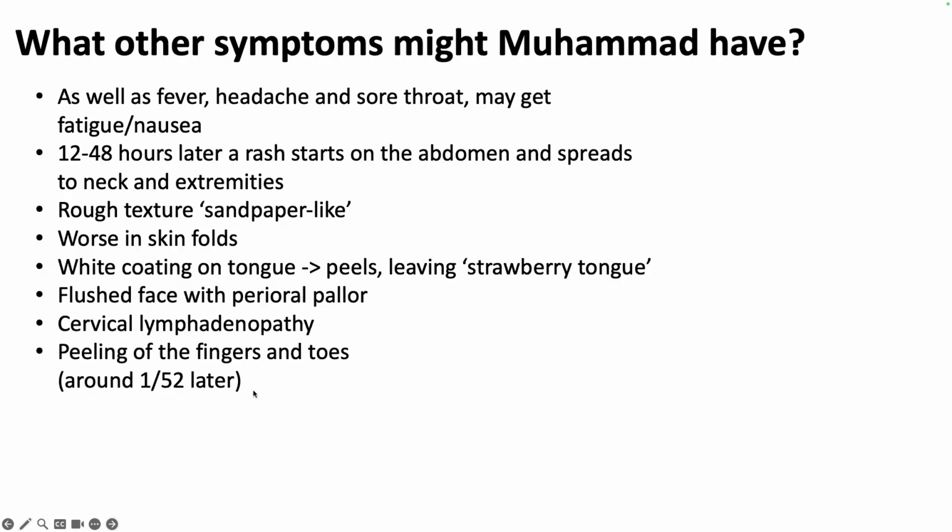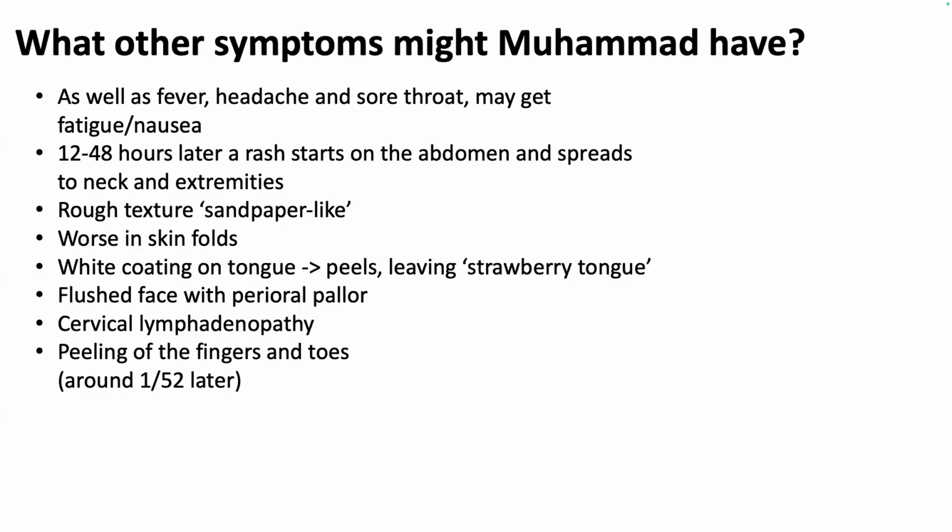The other thing that you might see, quite specifically with group A strep, is facial flushing, but around your mouth stays very pale. And let's say he has tonsillitis and scarlet fever, you might see some big cervical nodes.